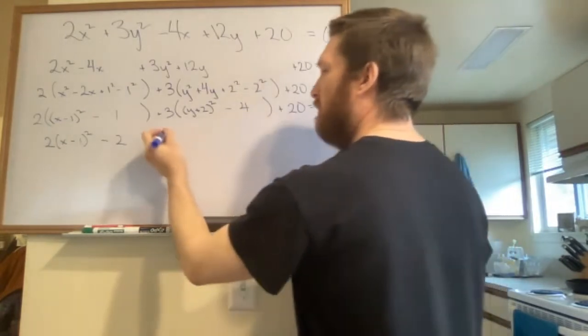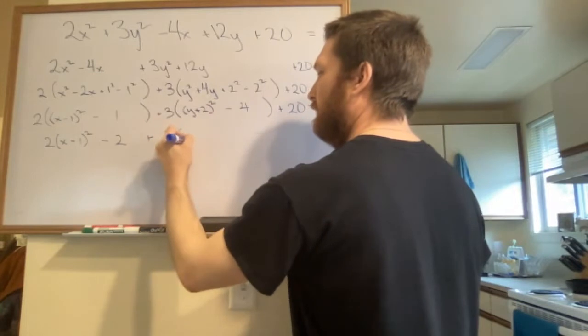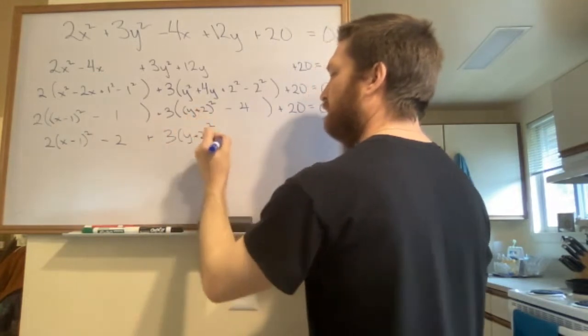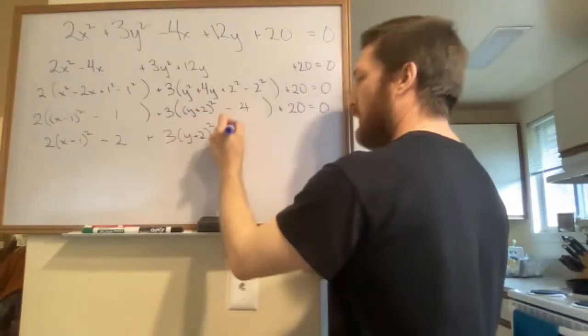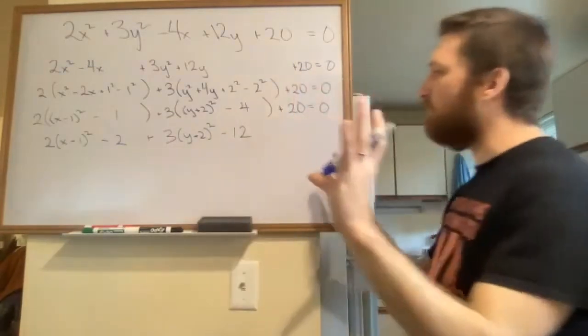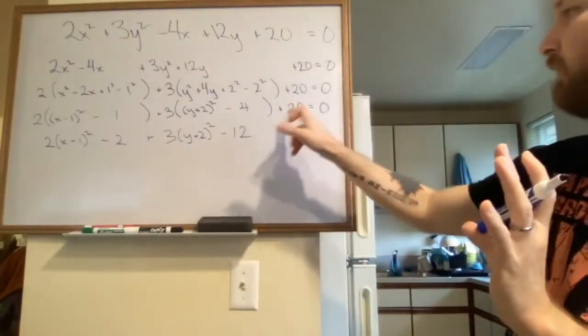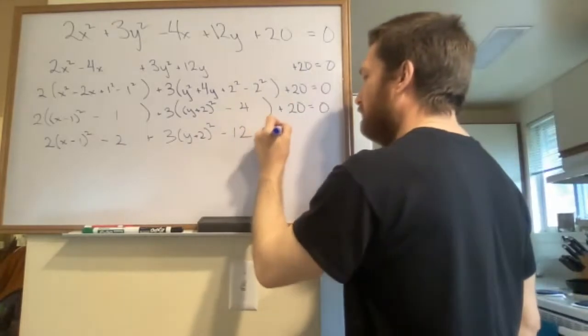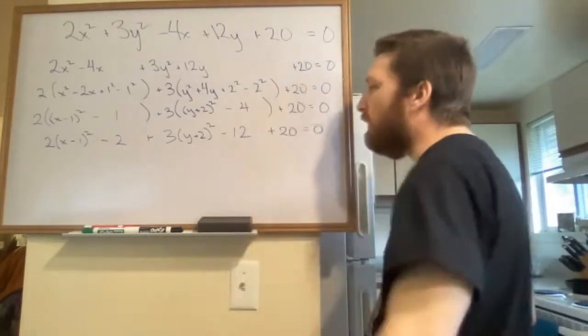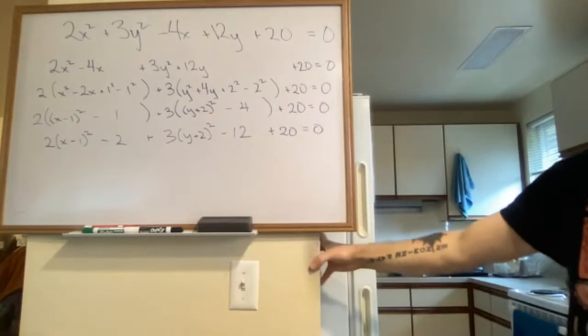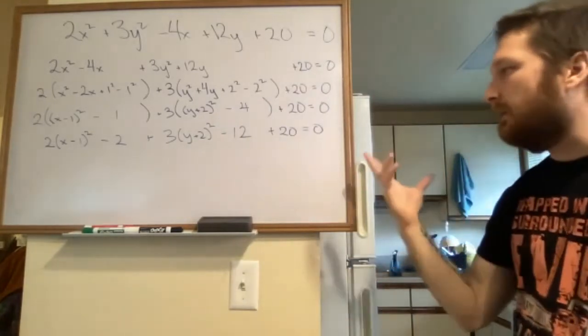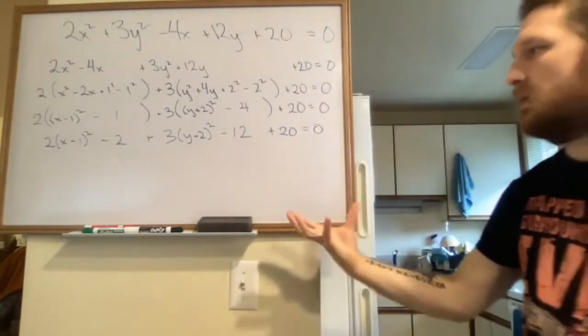3 times y plus 2 squared minus 12. Minus 12, there we go. And I'm dropping parentheses. And so now I have plus 20 equals 0. Okay, so let's consolidate all of our constants.